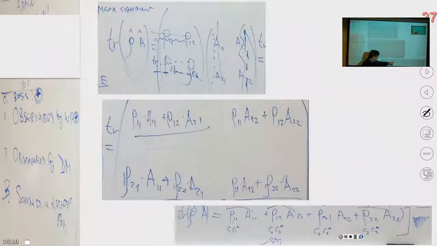So matrix element times the corresponding product of wave function expansion coefficients.